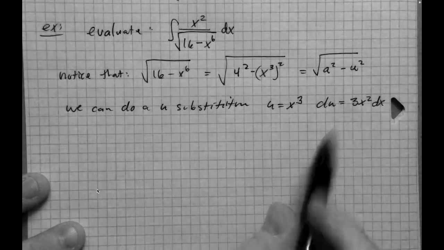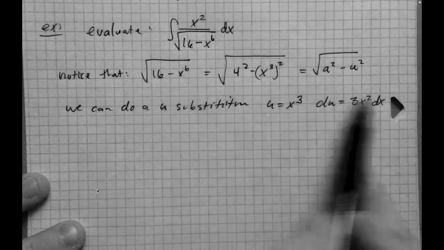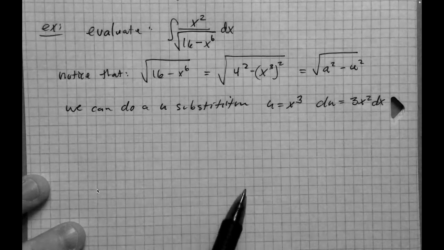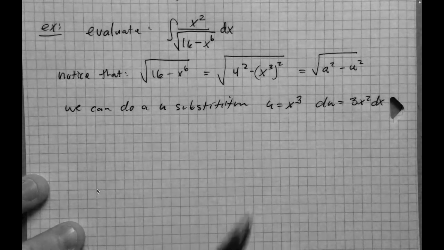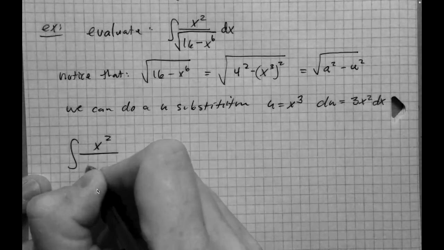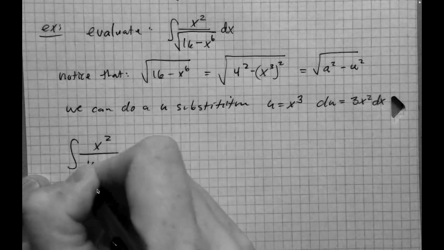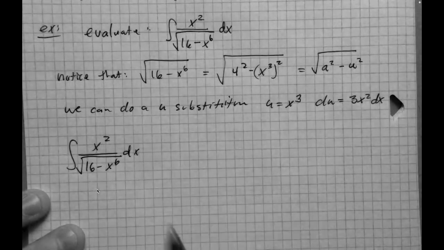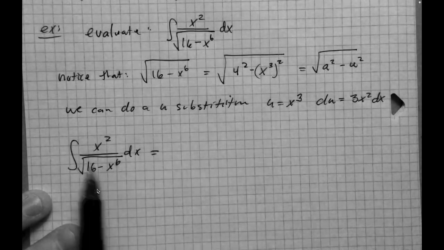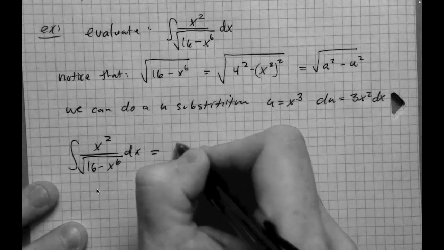Okay, so we're going to be combining a u substitution with this arc sine form. Okay, so we have the integral of x squared. Let's just rewrite here so we have everything. So we have this. Okay, and then we're going to rewrite this denominator in this format.